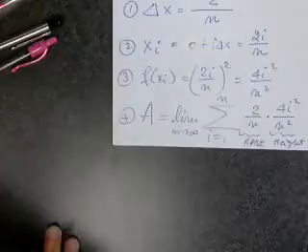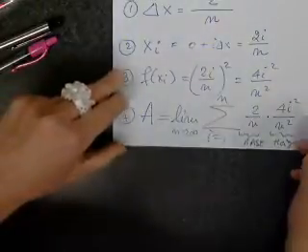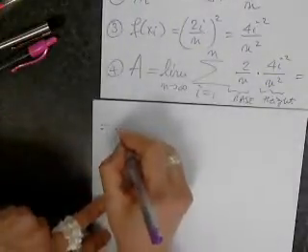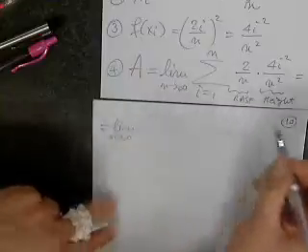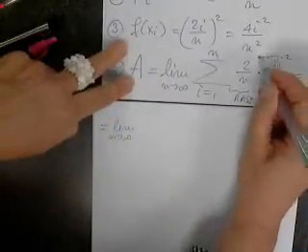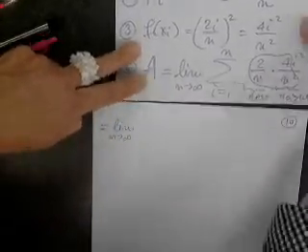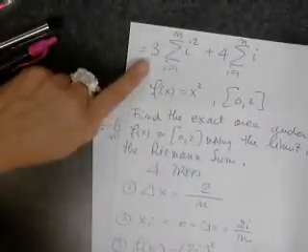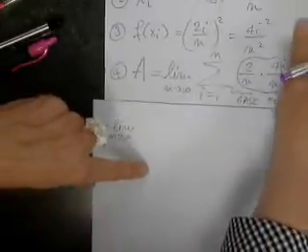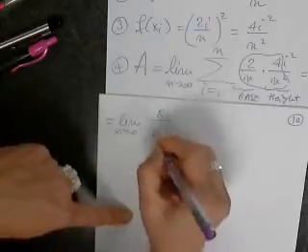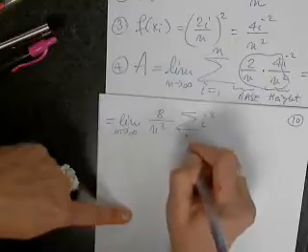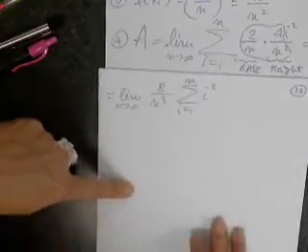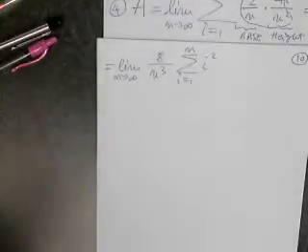Any questions so far? Okay, let's continue. So this is the limit as n approaches infinity. This is a constant, as we did before; we take it outside. So this is 8 over n to the third times the sum of i squared from i equals 1 through n.